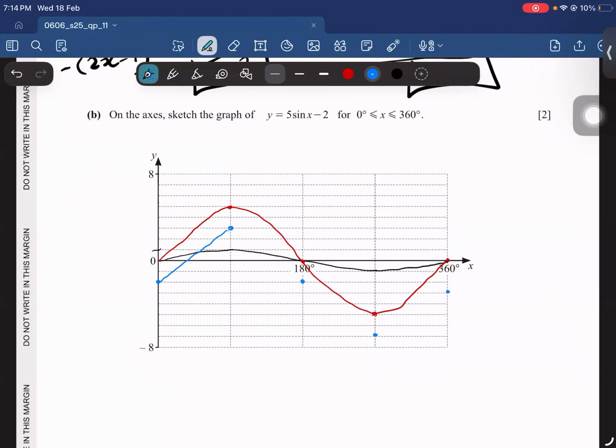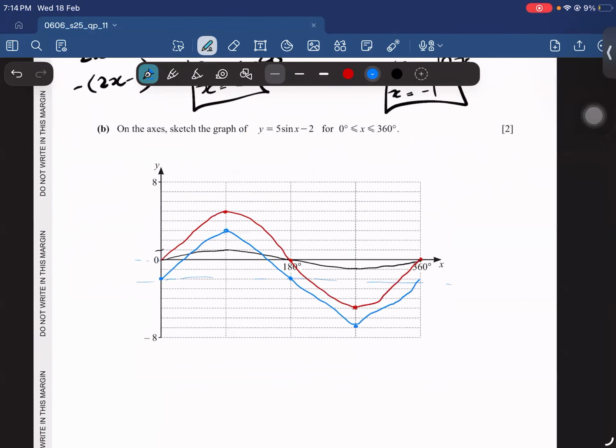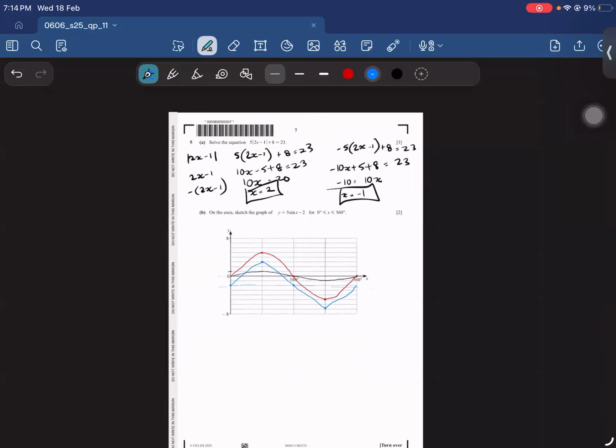And again, they know that this is very freehand, so as long as you have your main points sketched in, then the examiner is going to give you the marks. Before, my baseline was at 0, now my baseline is at -2. The blue graph is the final graph.